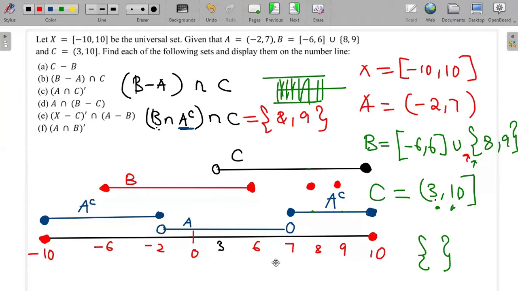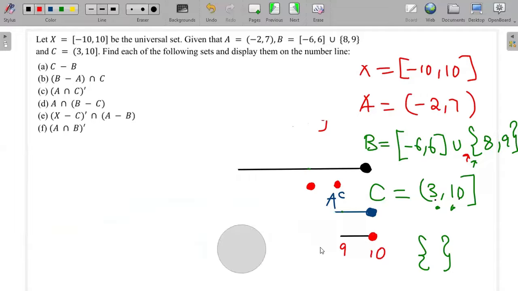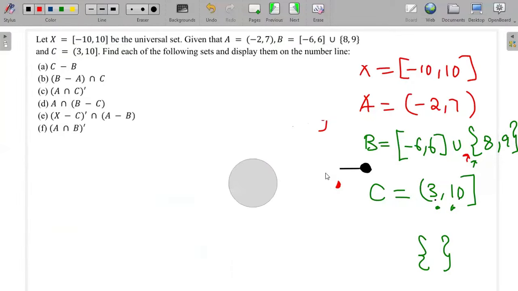Let's look at part C now. Part C is very simple because it's straightforward and it does not include the hard set B. On part C we have A intersection C in brackets, and then a complement. This is a special rule under sets, one of what we call De Morgan's laws.